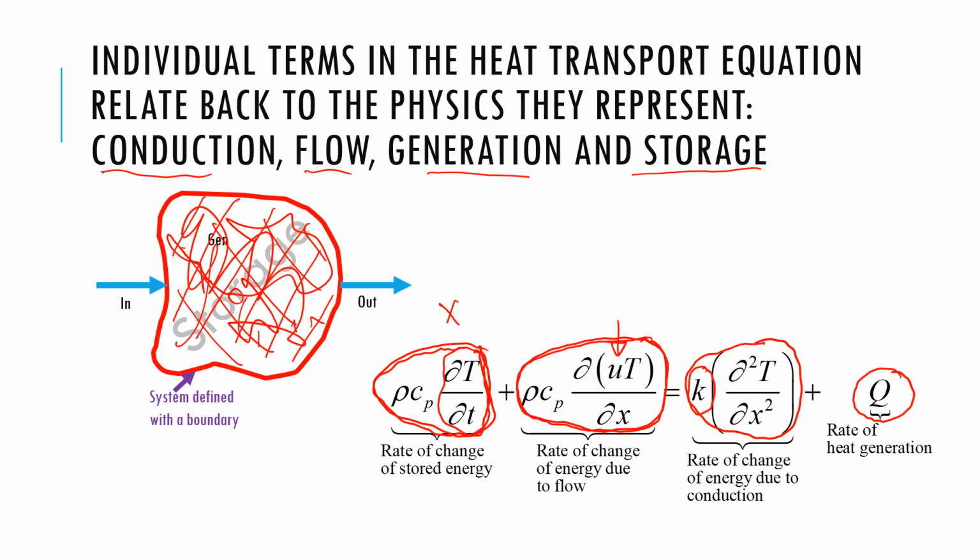We need this term if there is flow. But if it is just solid, then we don't need this term if there is nothing flowing through the solid. If the entire material is heated so uniformly, there is no temperature difference.